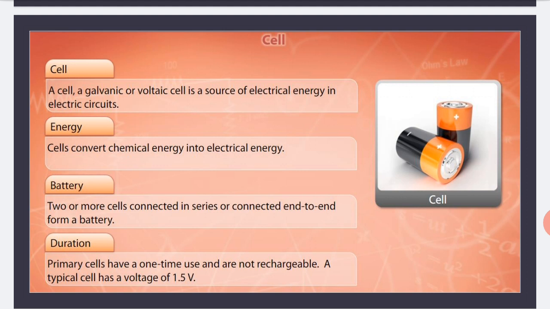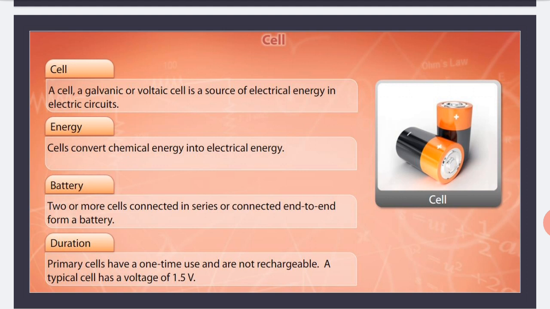Energy. Cells convert chemical energy into electrical energy. Battery. Two or more cells connected in series, or connected end to end, form a battery.